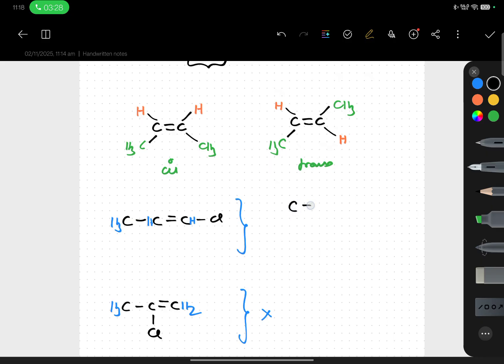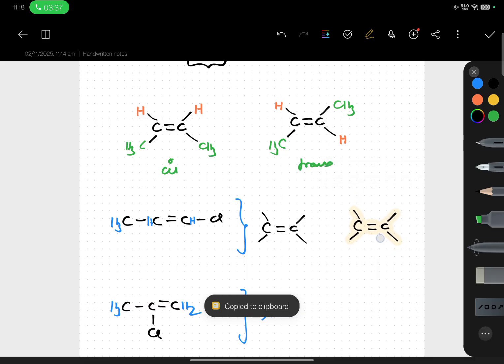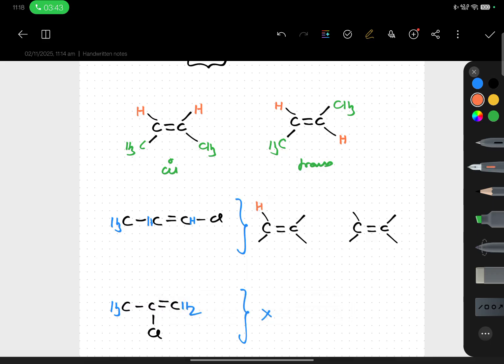So can I write like this? I can write this molecule in two different forms. I can have hydrogen on both the sides, or hydrogens in the opposite direction. Meanwhile, on one side the chlorine can be here or it can be here.